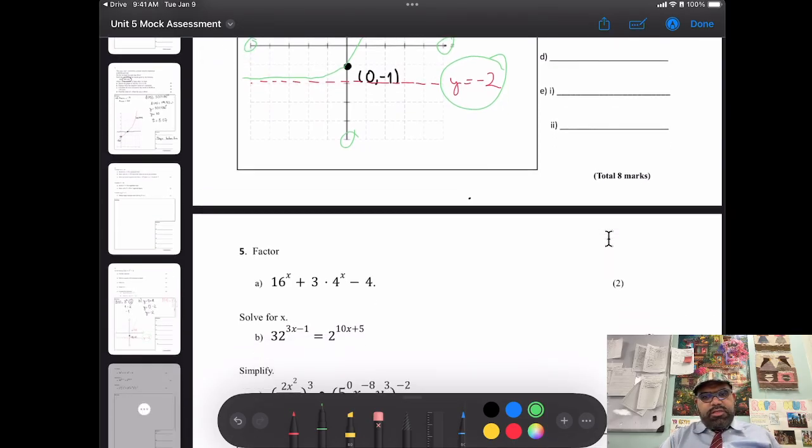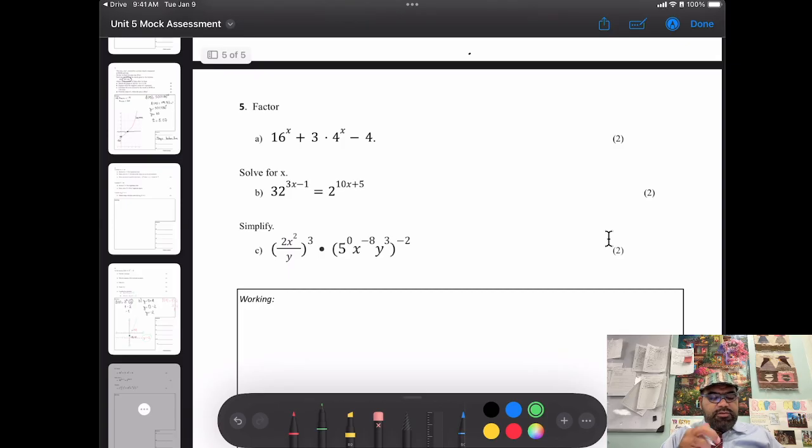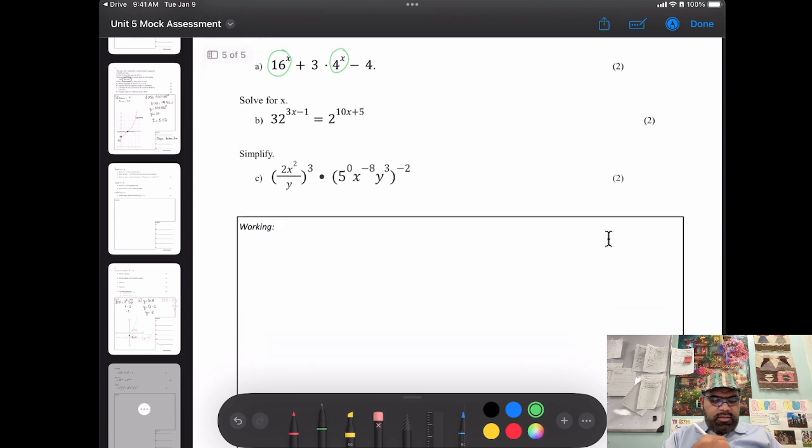It takes so long, this thing here. Last question, as I told you guys, look for this number here. I know I have to write this number as a 4 power. Then for u equals 4 to the x, it would be u squared plus 3u minus 4. I need 2 numbers that multiply to negative 4 and add to 3. Those numbers are 4 and 1.